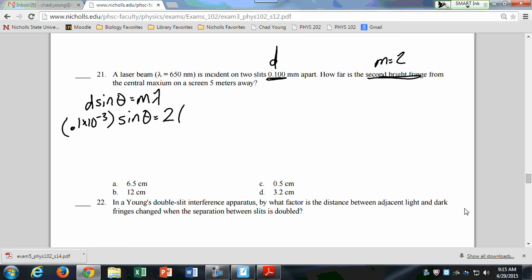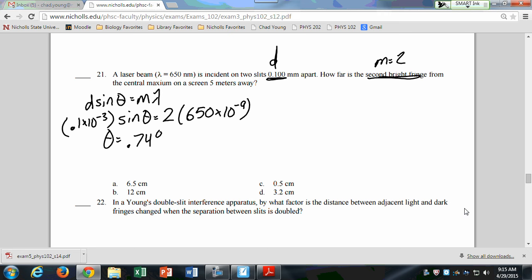And the wavelength is 650 times 10 to the minus 9. So then I would solve that for theta. I get 0.74 degrees.